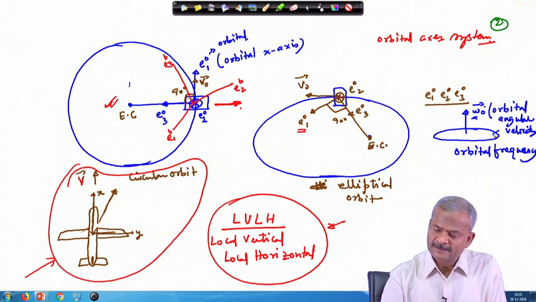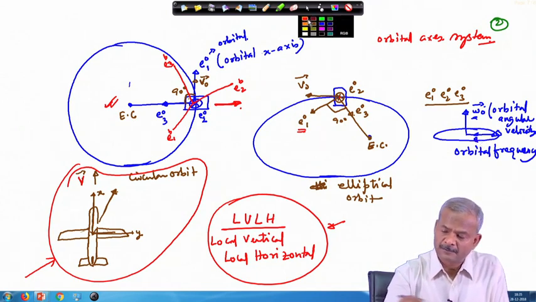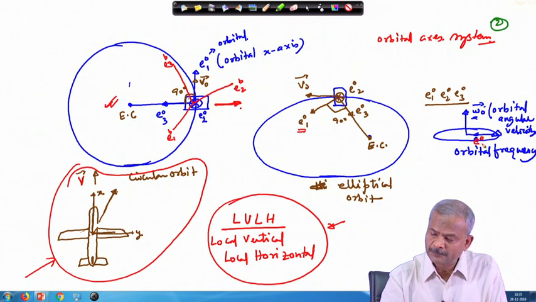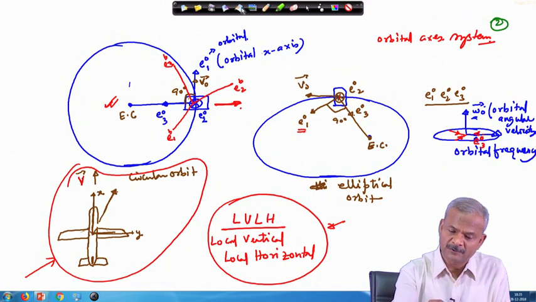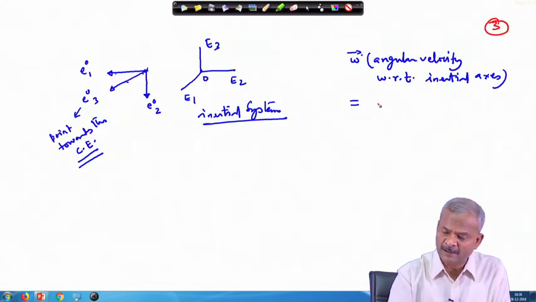So, your satellite is here, and in this direction it is your E03. So, E03 is changing over a period of time. After some time it will be along this direction, after some time it will be here, right now it is here. So, this will change its direction. With respect to this, we describe the motion of the satellite as omega r.